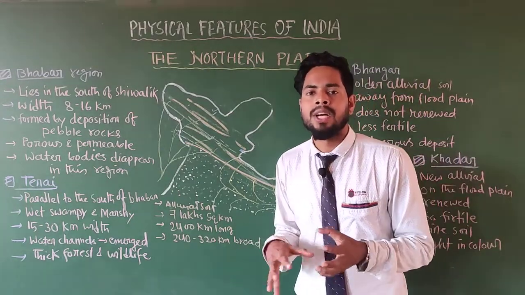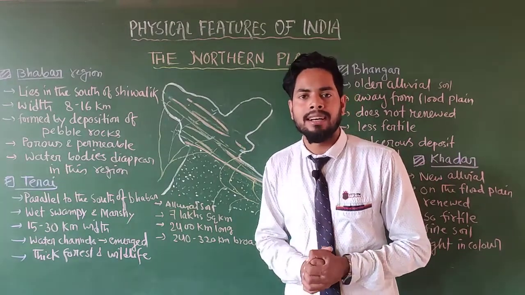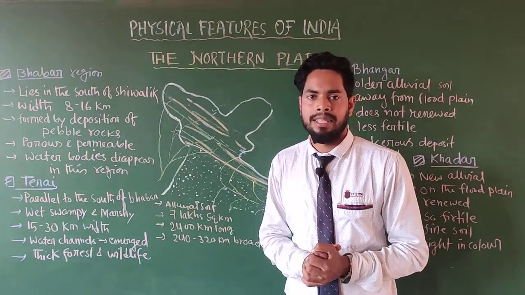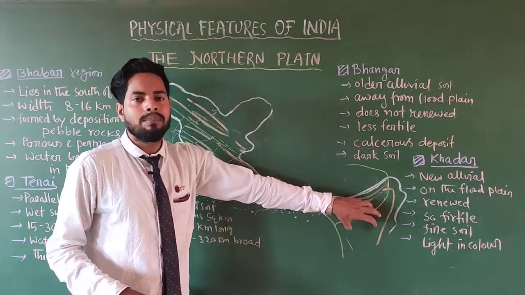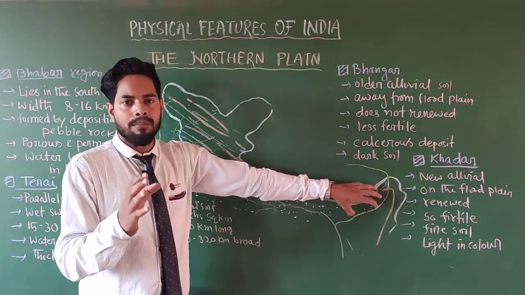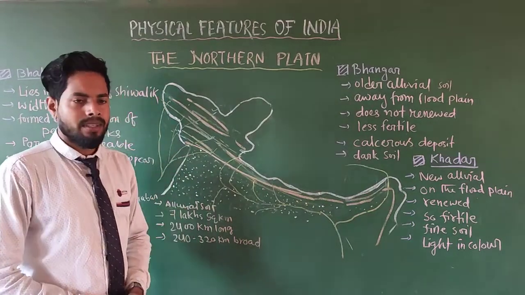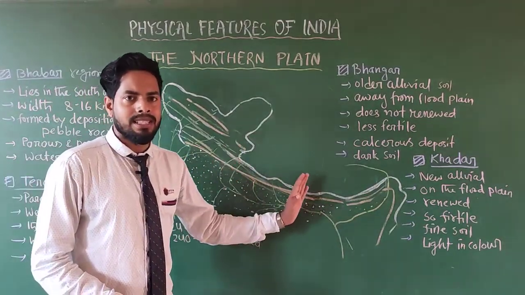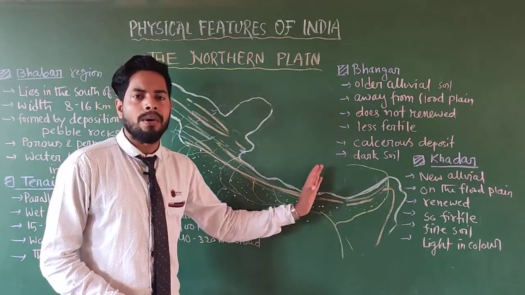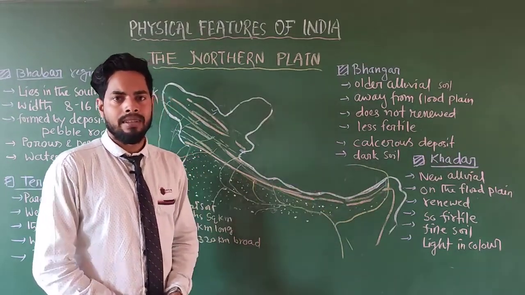These parts are formed by the Ganga river system, and in the east the northern plain is formed by the Brahmaputra river. So this is the three broad classification, or division, of the northern plain.